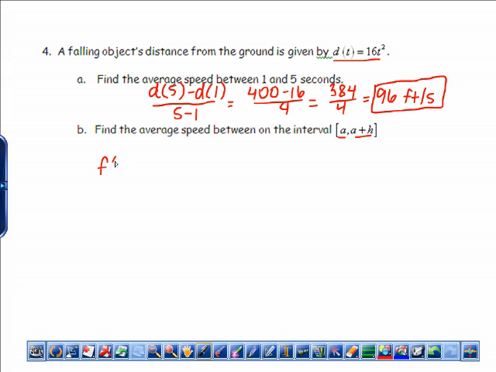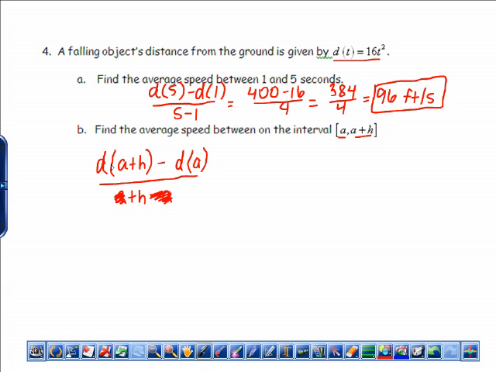So we're going to do d of a plus h minus d of a, all over a plus h minus a. Now I want you to notice something here. The a's end up canceling each other out, and we're left with h.